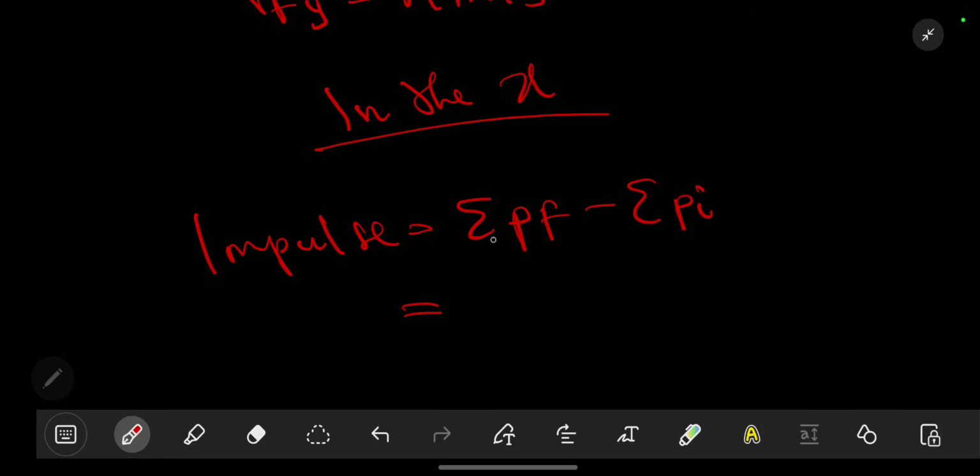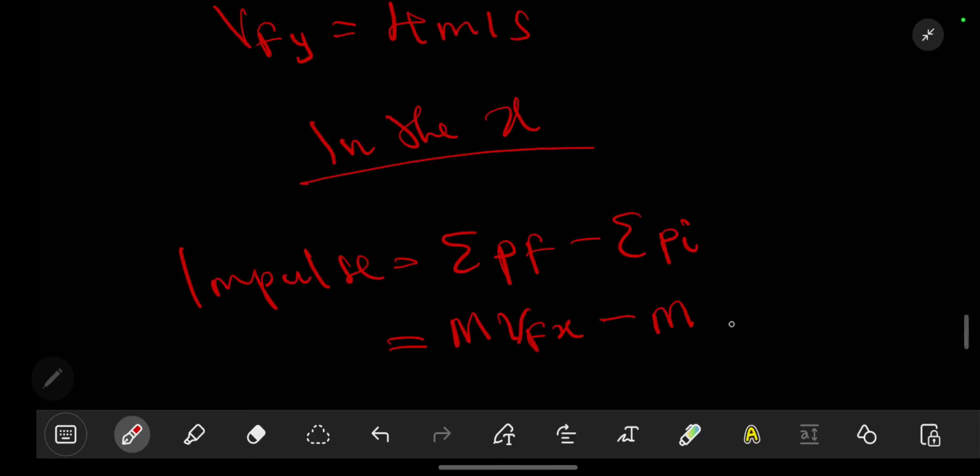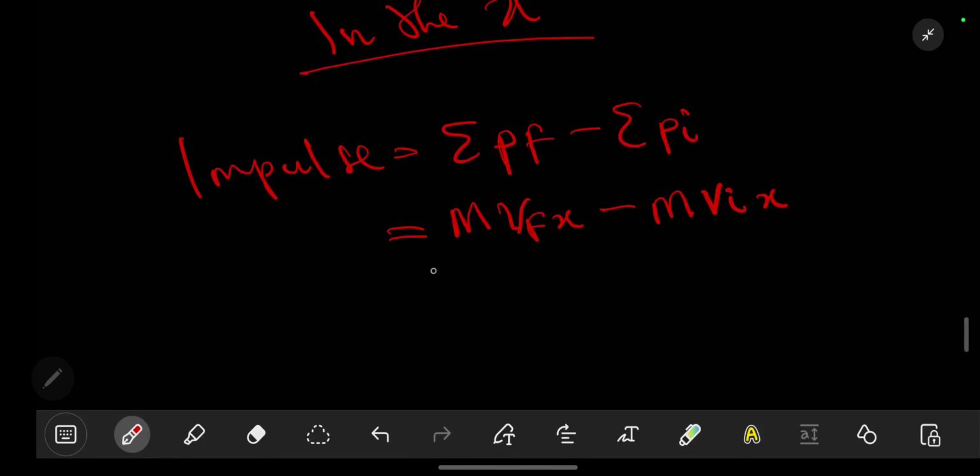So remember we said final momentum will attract the velocity x final, minus the mass times the initial velocity, which will be initial x. So that we factorize the m, we are going to have m times vfx minus vix.